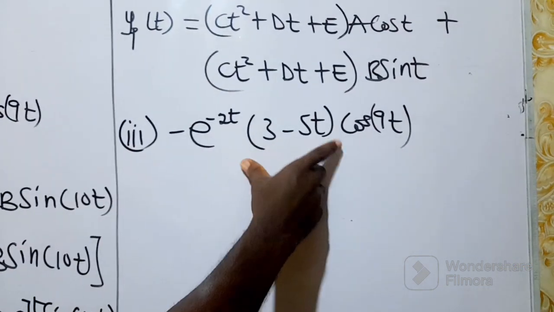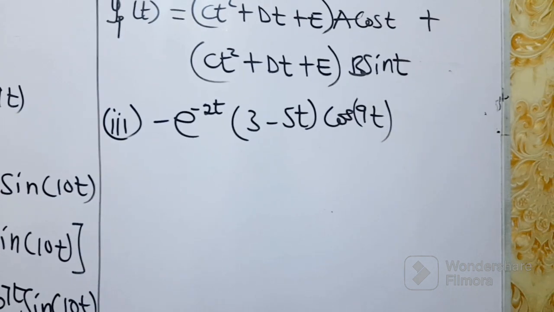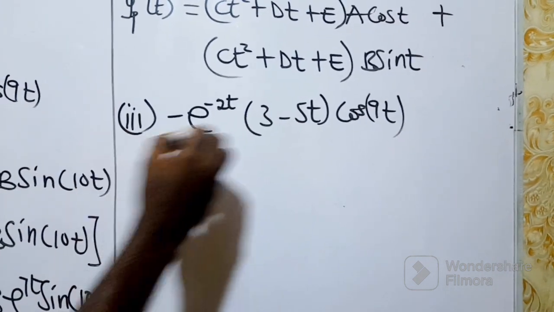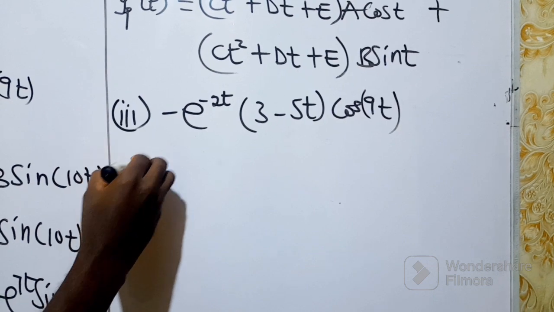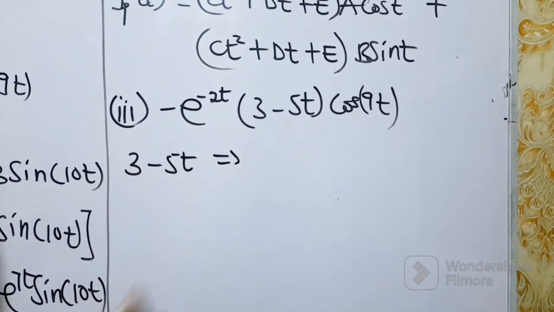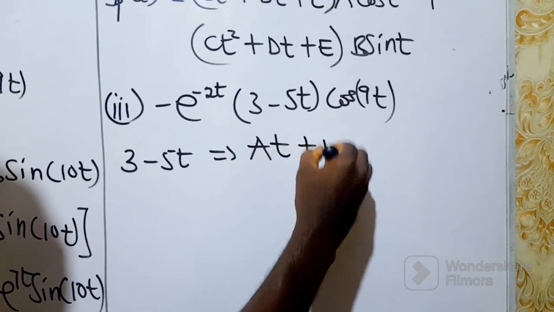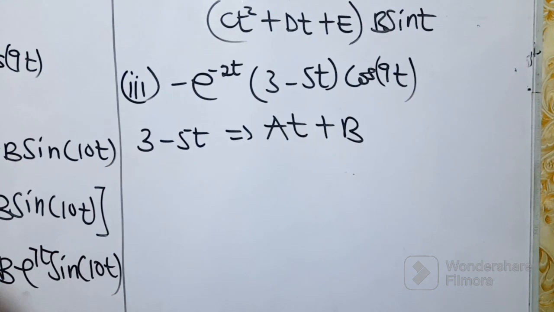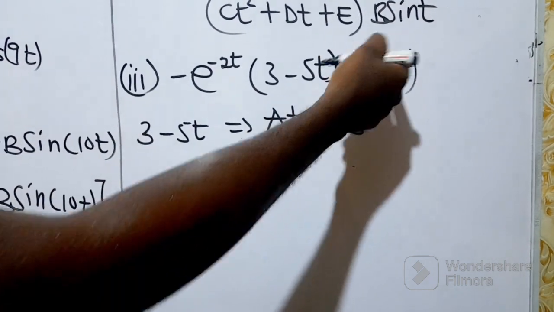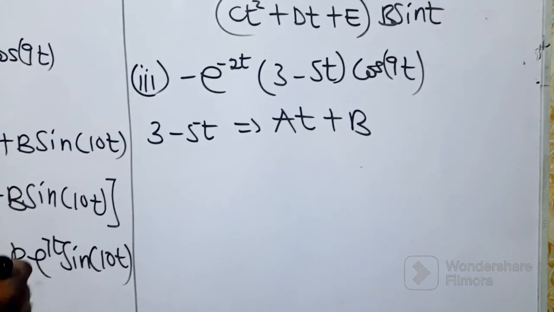Remember, this is a linear function multiplying the trigonometric functions. So the general form of the linear function 3 minus 5t will be at plus b. These constants will multiply the general form of the trigonometric function, then multiply the e function.